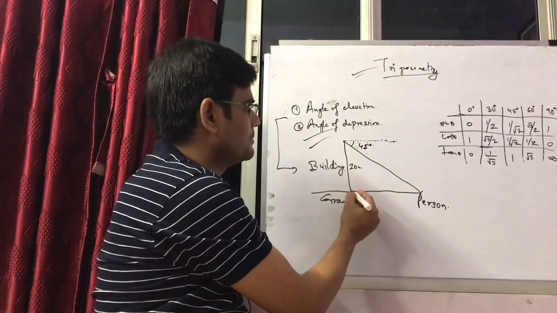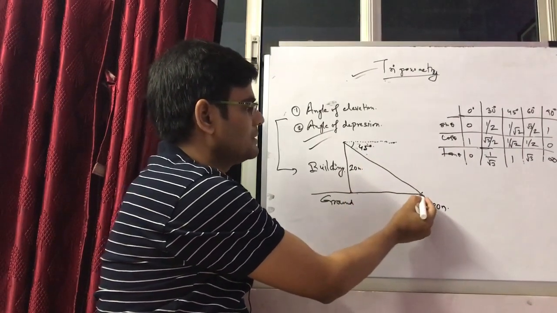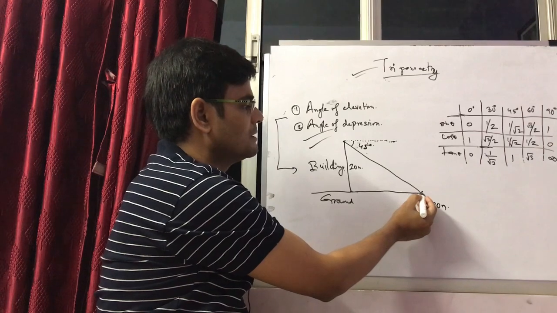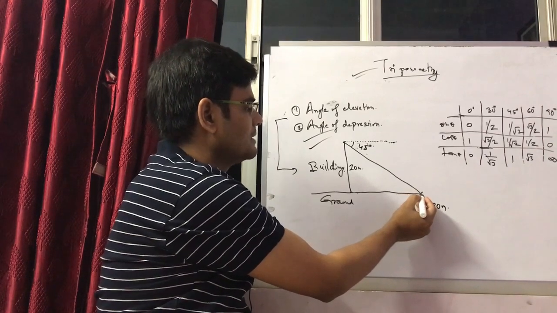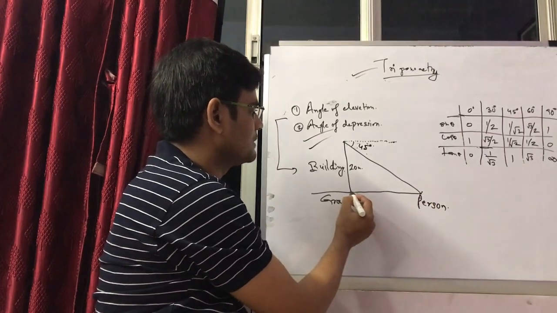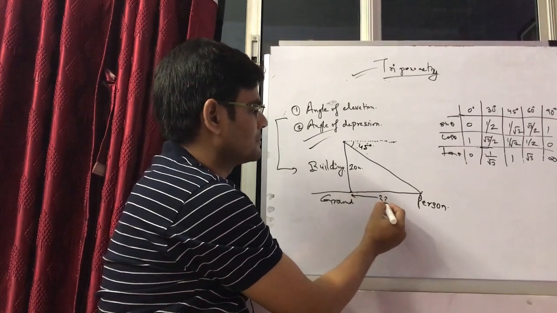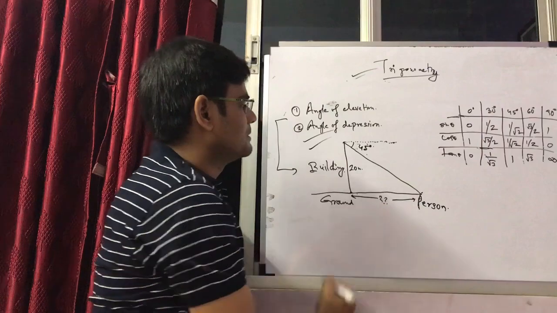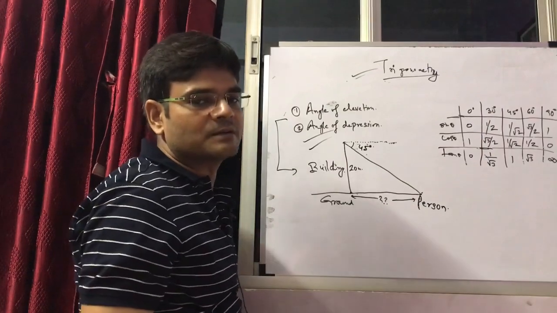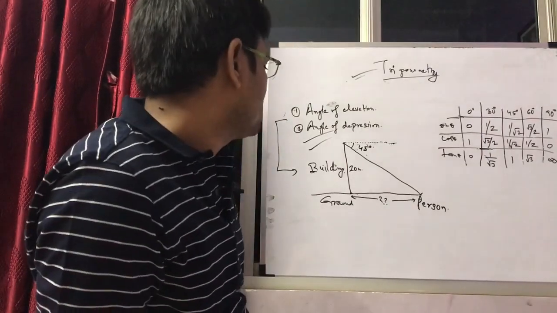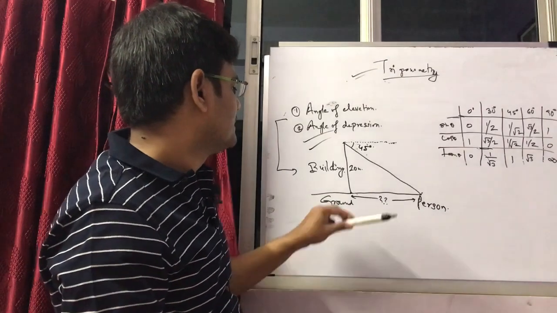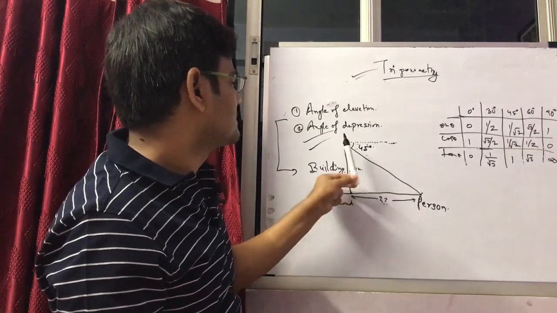You are asked at what distance the person is standing from the base of the building. So this is what is asked, question mark. That's the problem statement.